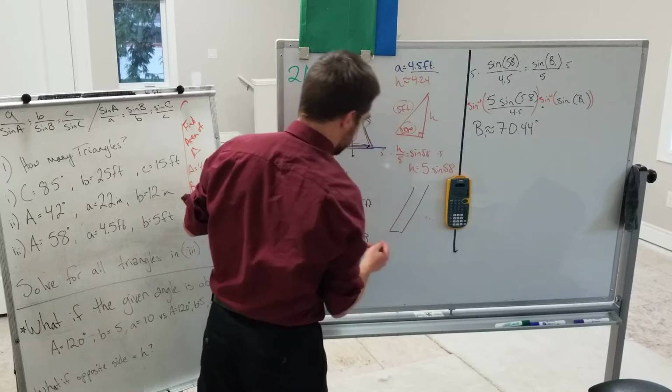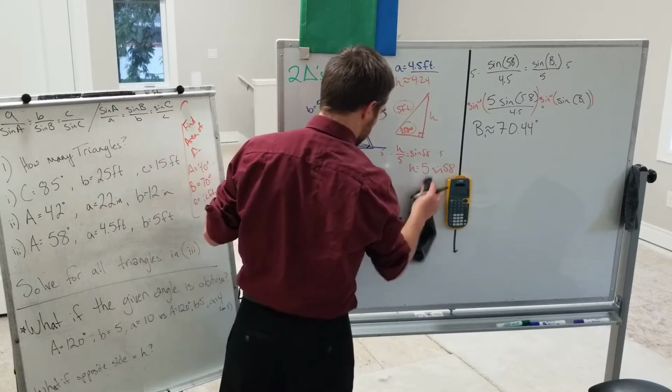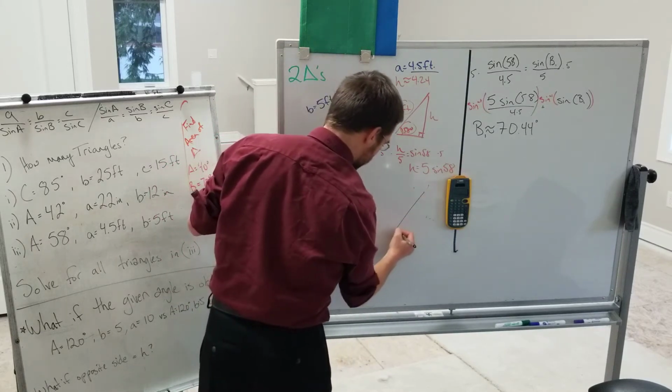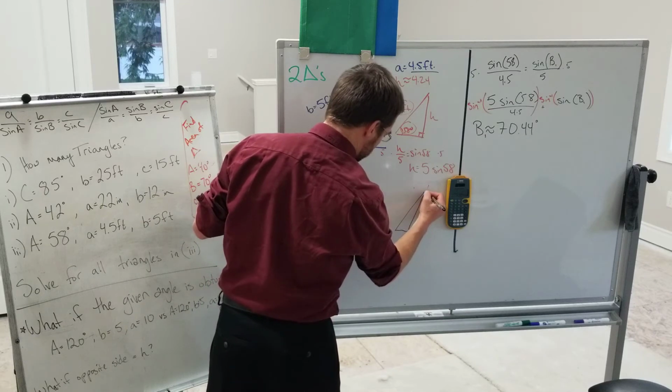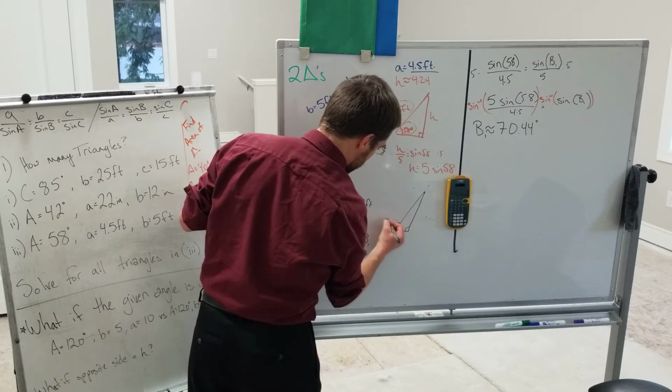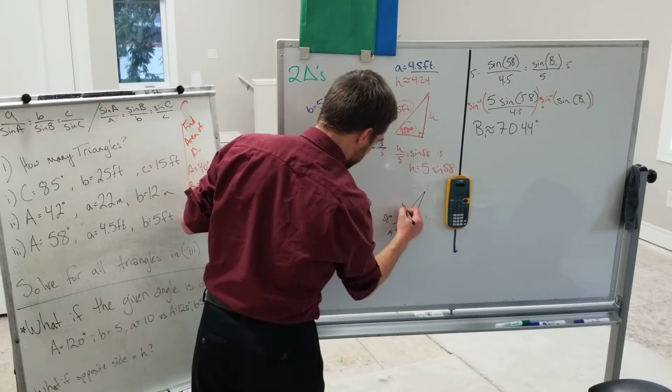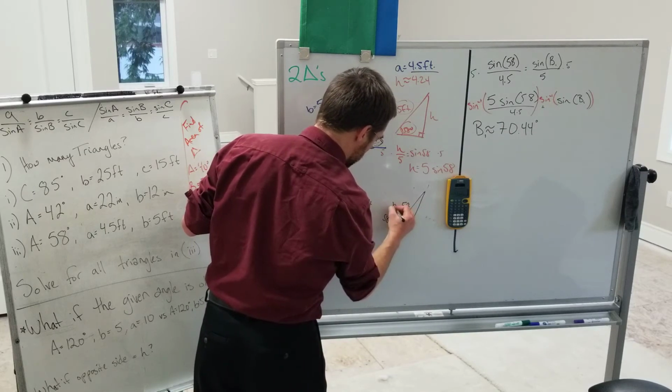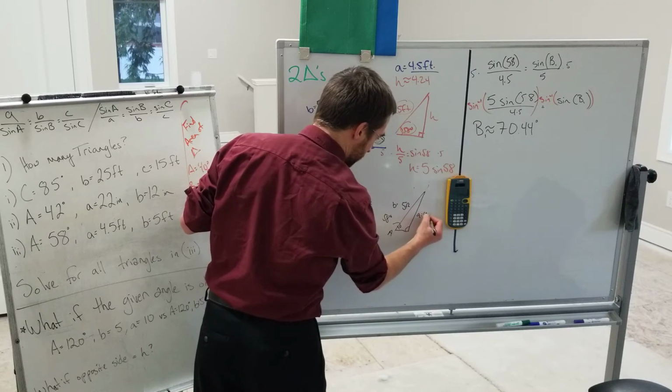Oh my goodness. That's going to turn into a parallelogram. How about that? That's better. So, angle A is 58 degrees. We've got side here is 5 feet. That's side B. Side A is 4.5 feet.